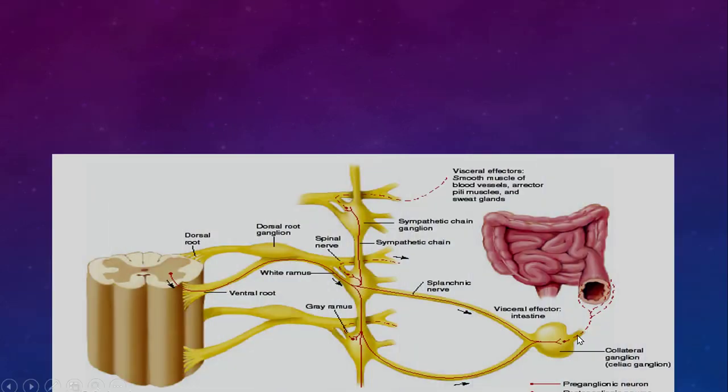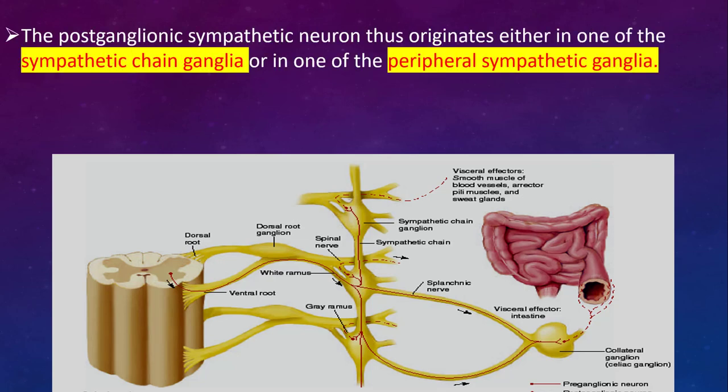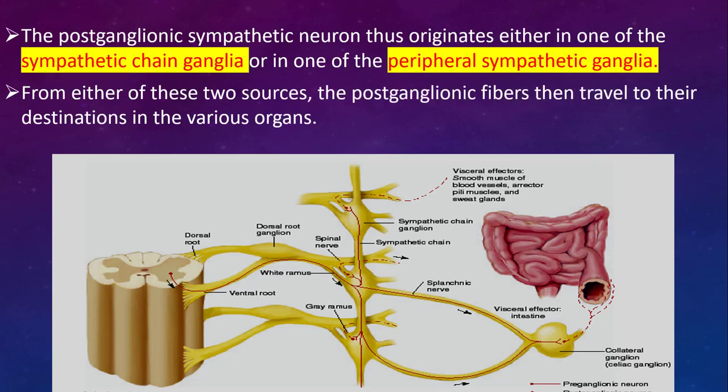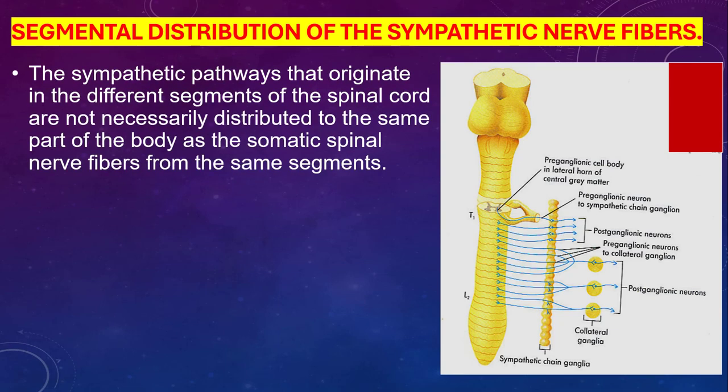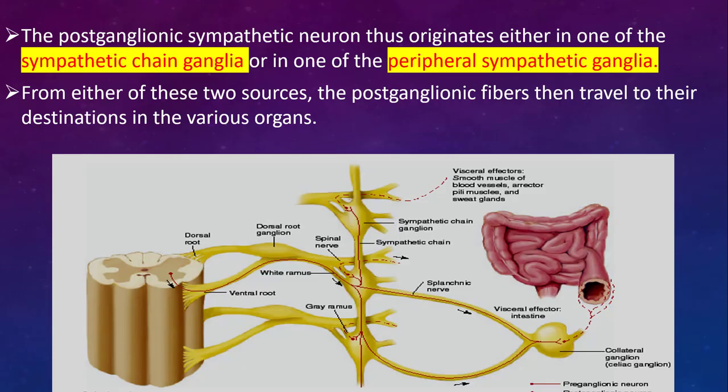There are two other ganglia outside the sympathetic chain, the celiac and the hypogastric. So these neurons synapse in the celiac or hypogastric ganglia, and from there, through the postsynaptic neuron, they innervate the organs. The postganglionic sympathetic neuron thus originates either in one of the sympathetic chain ganglia or in one of the peripheral sympathetic ganglia.